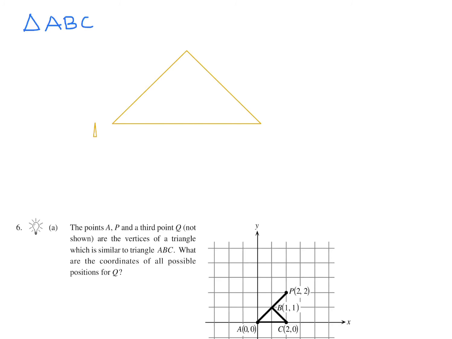Now let's label this A, B, and C. And A to C looks like a length of 2, and then B is 1, 1. So that means if you were to drop a perpendicular from B down to the bottom like that, that distance is 1. And therefore, since this looks like an isosceles triangle, when you drop a perpendicular, it splits the base in 2.